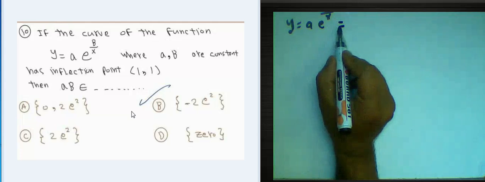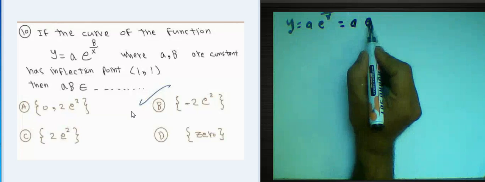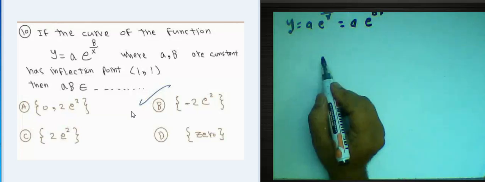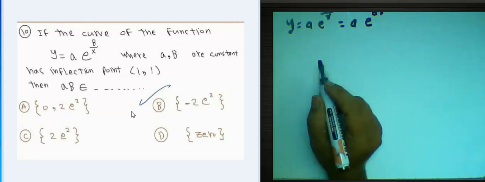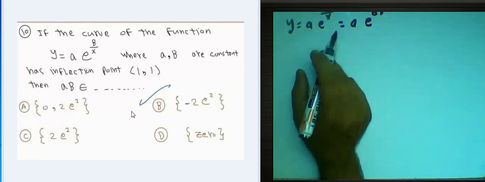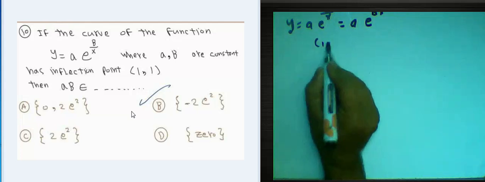Its meaning is a times e to the power b x to the power negative 1, and passing through the point (1, 1). When x equals 1, then y equals 1.